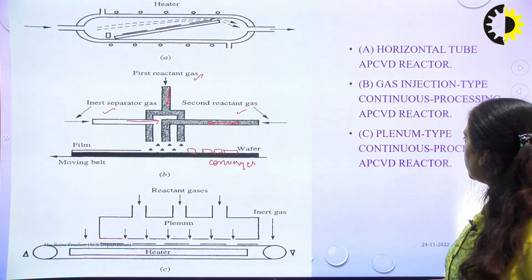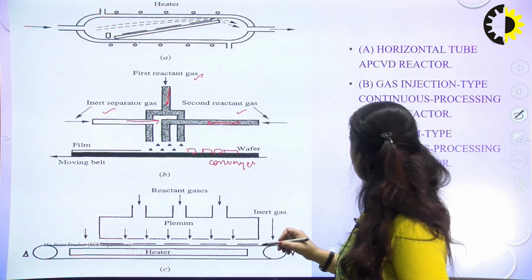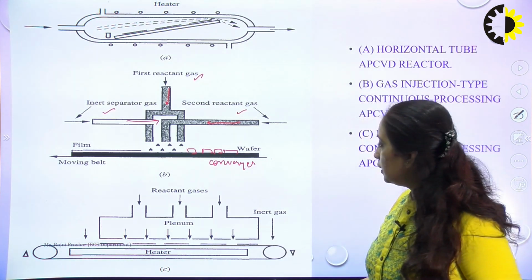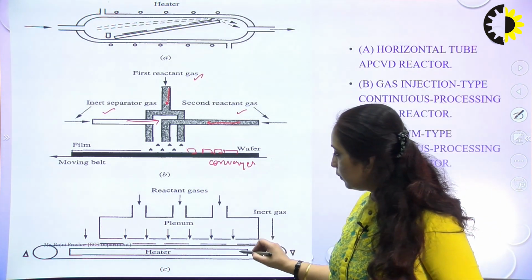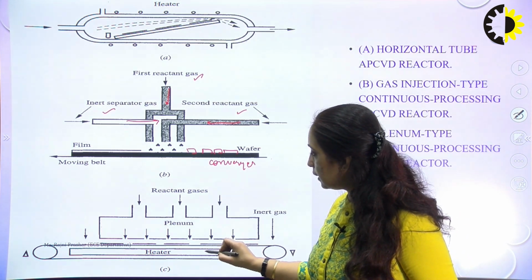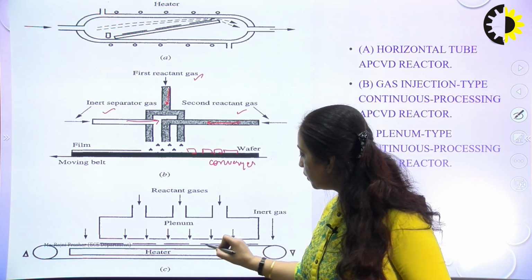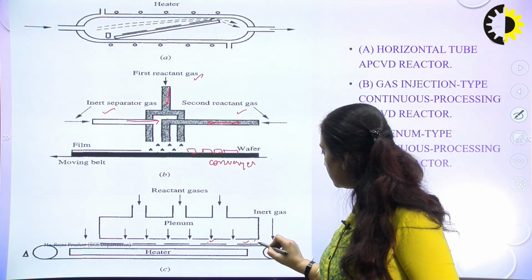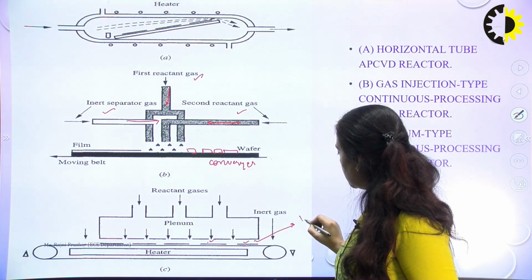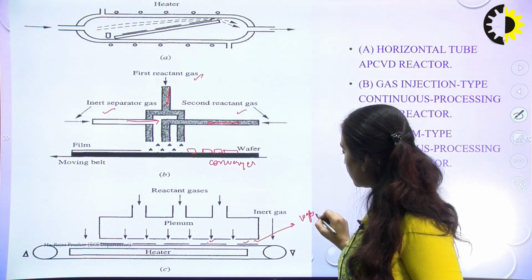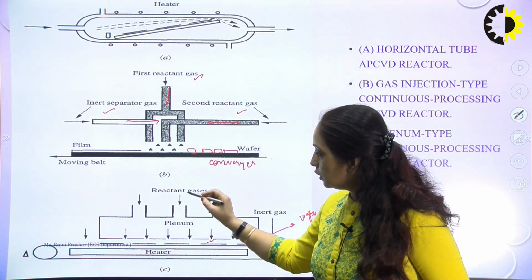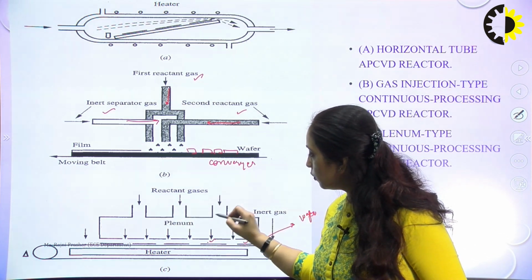The next is the plasma type continuous process APCVD reactor. In this case, we have this conveyor belt. Your heater will be placed inside that. Here we have the wafers which are placed over that. The reactant gases will be passed from here.